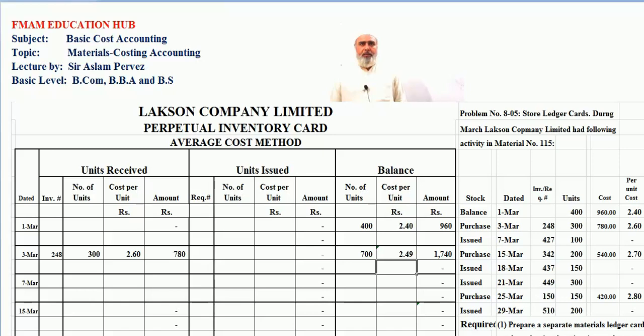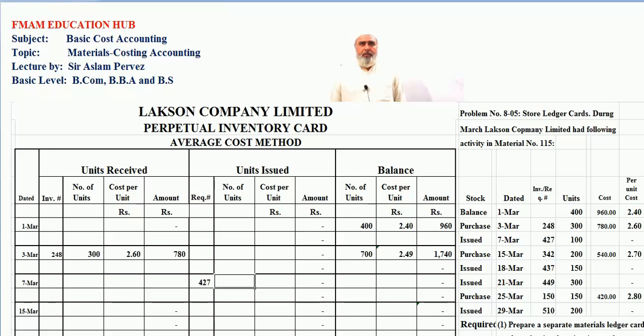Friends, at the time of issuing materials to production, before the purchase of any other inventory, we have to use this rate which is showing in front of you here. Now on 7th March, the materials are issued. The requisition number is 427.